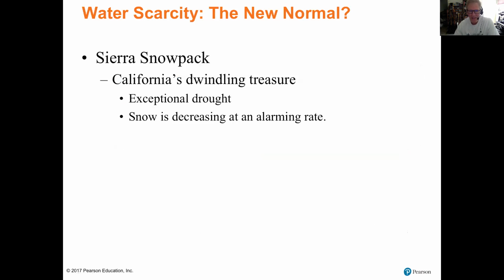But again, it's very prone to droughts, and you have years where the snowfall has been decreasing at a very alarming rate. Fortunately, this year we're way above norm, 150% above normal, so that's great for us this year. But other years, like last year and the year before, it was considerably less.